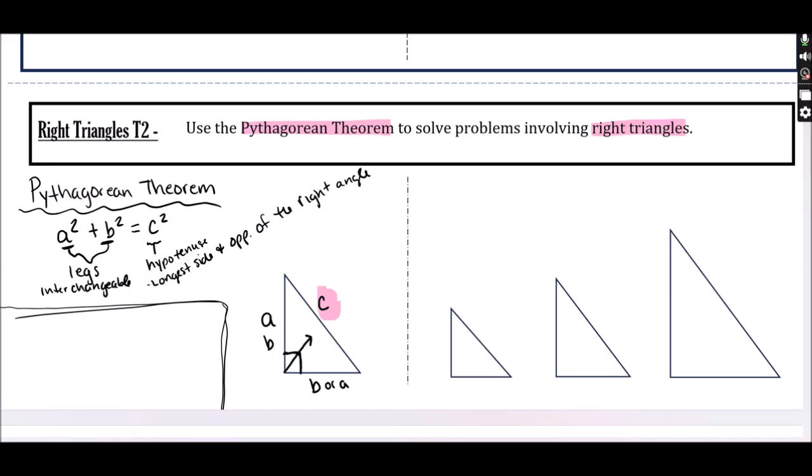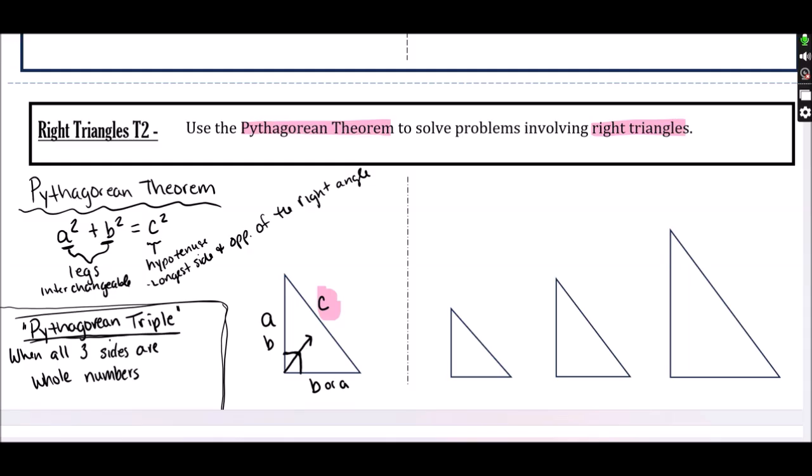But one other name that we need to be familiar with is Pythagorean triple. A Pythagorean triple is when all three sides of the triangle are whole numbers.